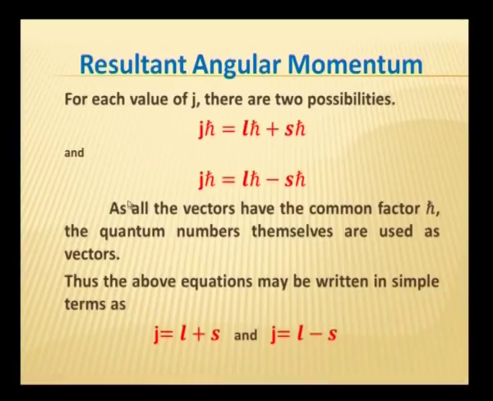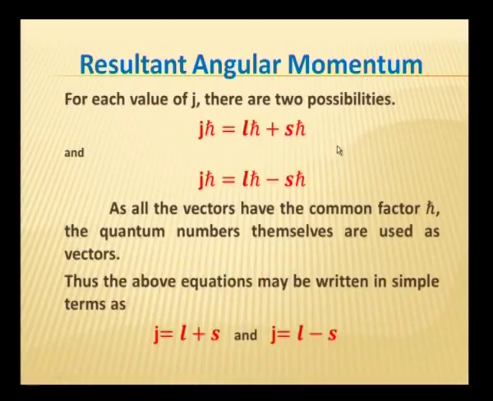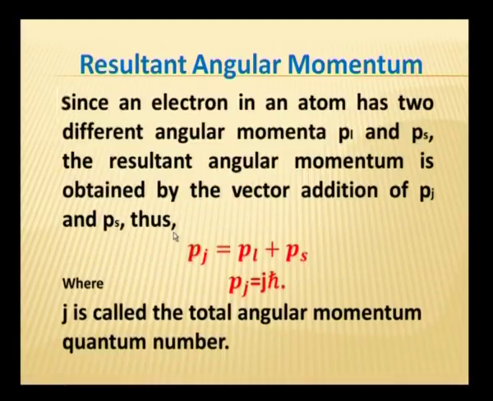Therefore, your resultant angular momentum will be either j h cross, as I had here. Either L and S have the same orientation, oriented in the same direction, then you have L h cross plus S h cross. Your j h cross is the resultant momentum that you have got here due to the orbital part and the spin part.